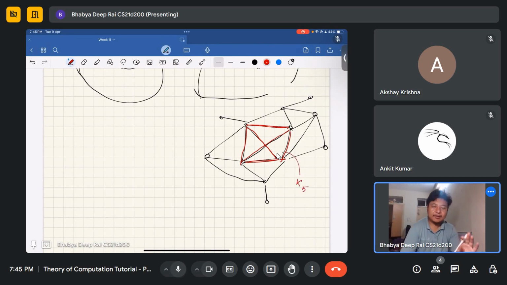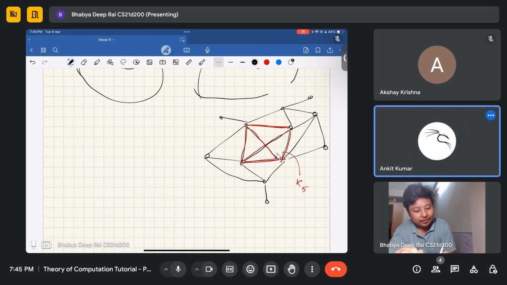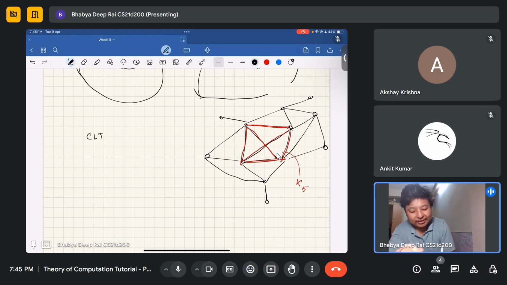This is a subgraph which is a complete graph. Do you know the name for such a small complete graph sitting inside a graph? No idea, sir. Okay, no problem. It is what is called a clique. So these are called cliques.